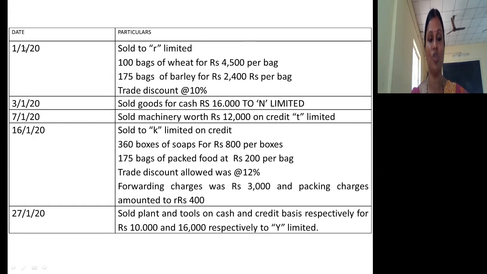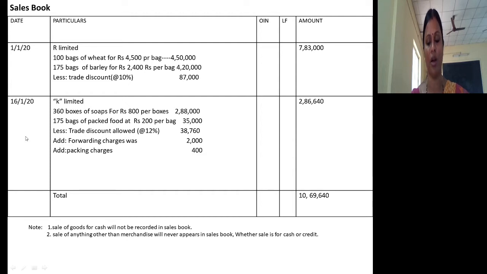Only the transactions that took place on 1/1/2020 and 16/1/2020 will be recorded. How will you record? You specify the name of the customer to whom you sold, what all you sold, the total list price, and the trade discount you allowed. As you allowed 10% trade discount, 10% of 8,70,000 is 87,000, and the net amount you record in the amount column.